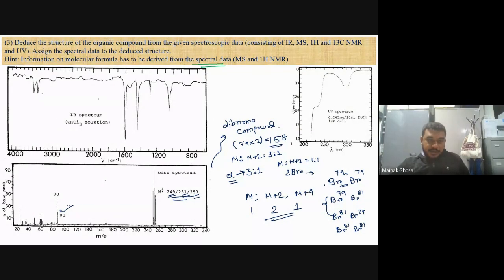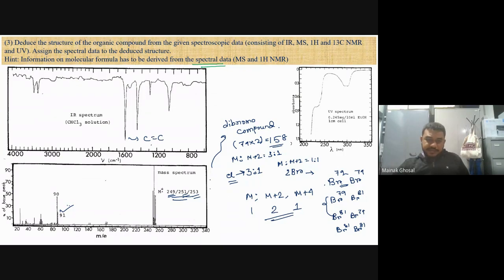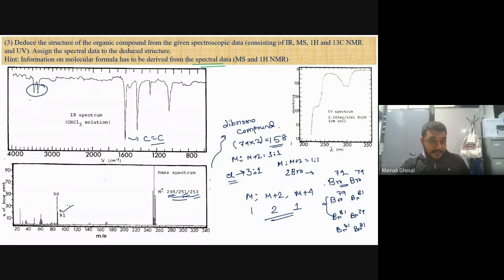Which one? This one. 1600, yes, C double bond C could be possible, right? And here, does this pattern tell you something or not?